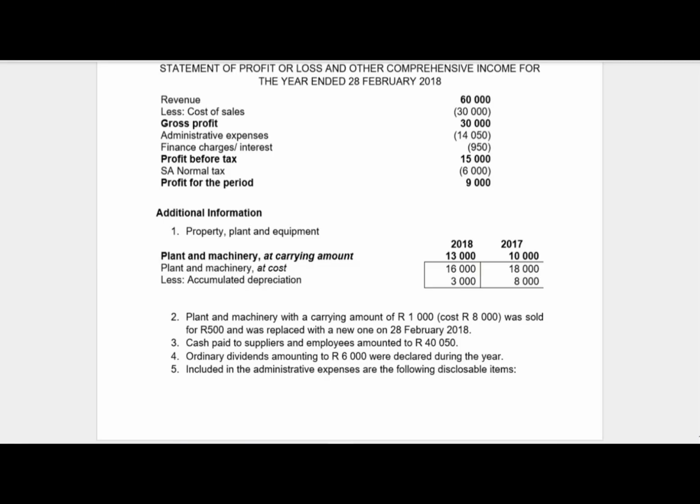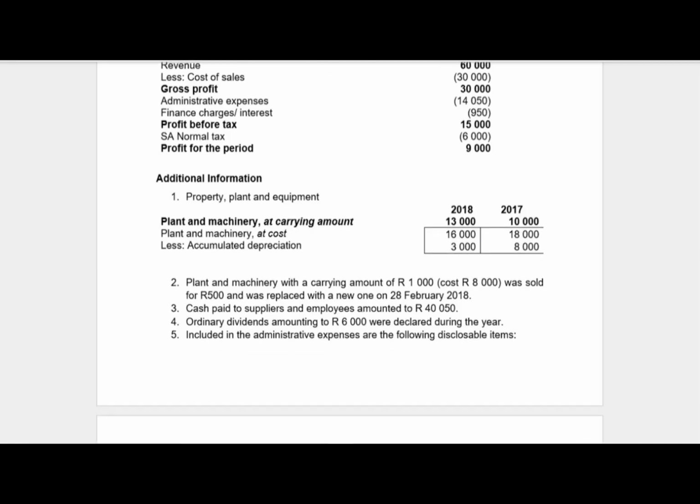And then they also provided us with additional information on transactions that took place. Transaction number 2: plant and machinery with a carrying amount of 1,000 and cost price of 8,000 was sold for 500 and was replaced with a new one on the 28th of February 2018. Transaction number 3: cash paid to suppliers and employees amounted to 40,050.